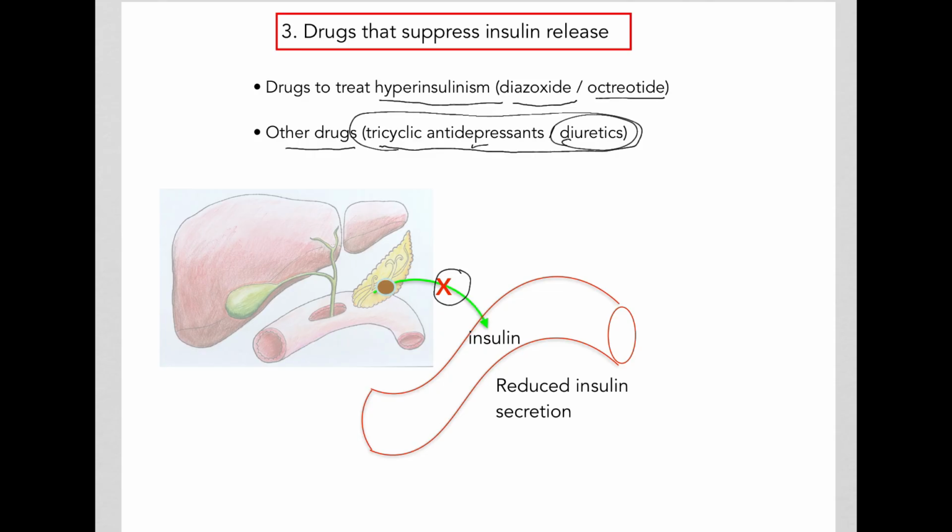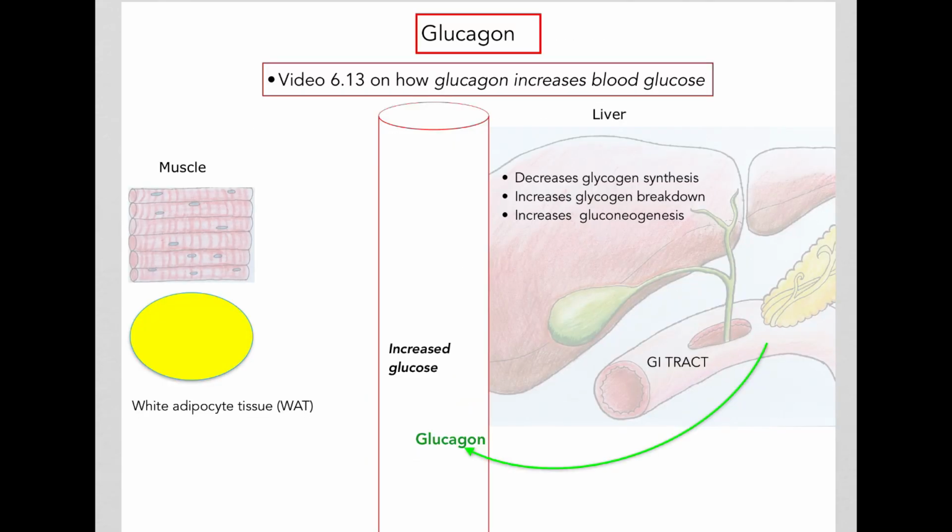These drugs can also suppress insulin release, and if there is less insulin release, that is going to lead to hyperglycemia. Now, besides insulin, another hormone that affects glucose metabolism that we discussed under metabolism is glucagon.